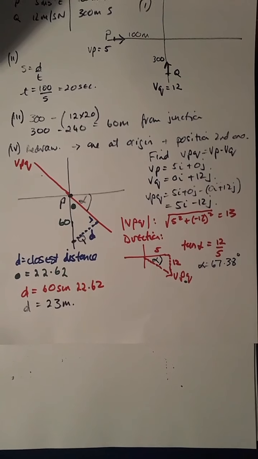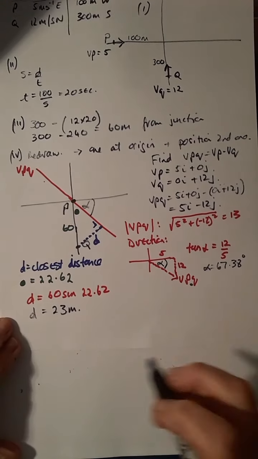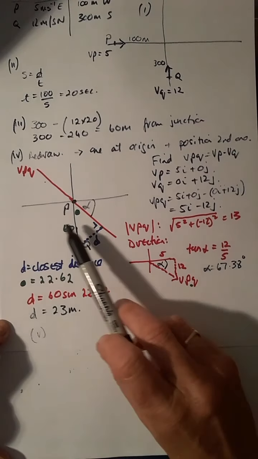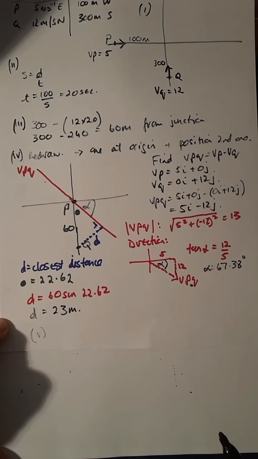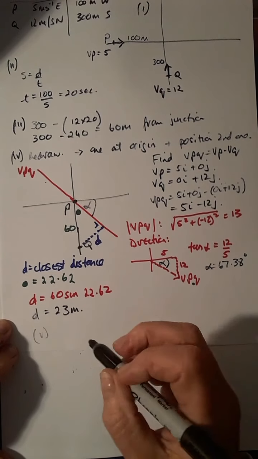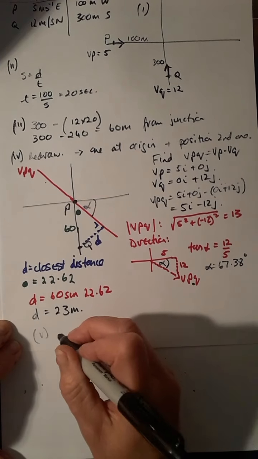Now the last bit of that question is part 5, which says, how long does it take for this closest distance to occur? So the time it takes for this to happen. Going back up here, my time is equal to distance over speed.